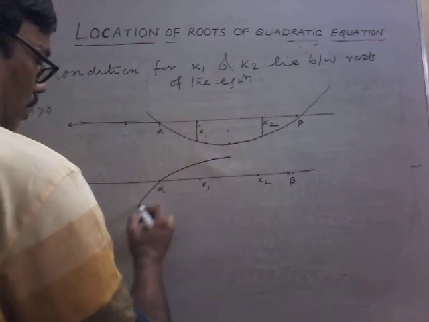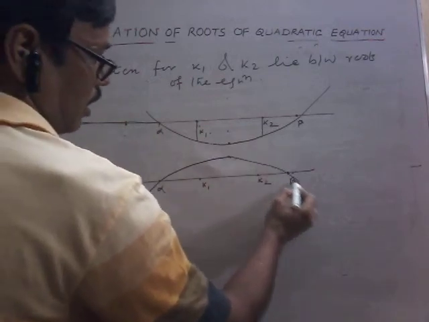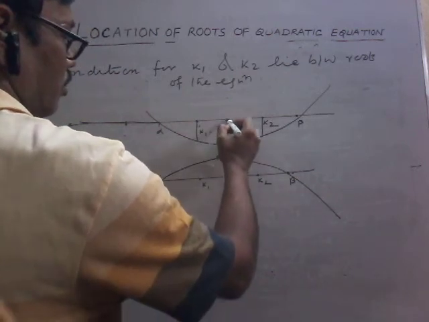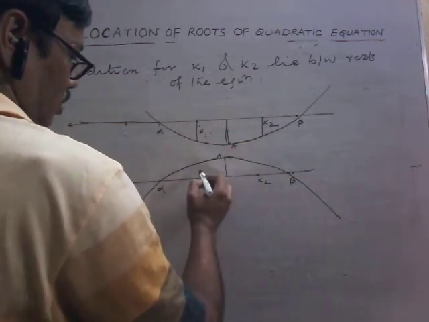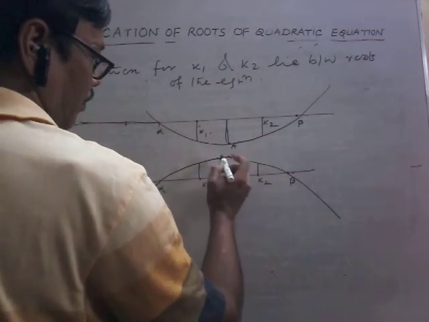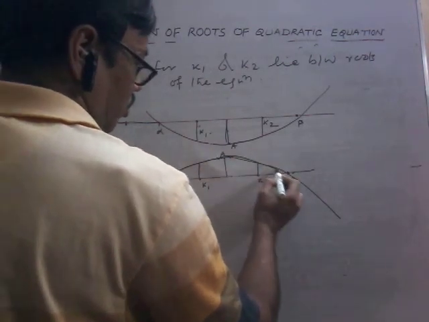So the figure will be like that, a parabolic arch. This is the vertex. This is fk1, this is fk2. So what is the condition?